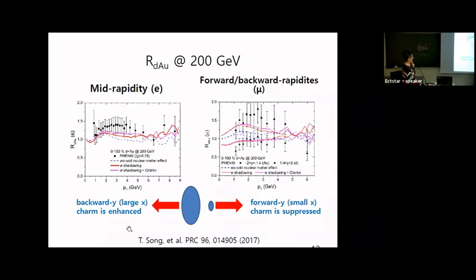But if charm pair is produced in backward rapidity, then it corresponds to large x of nucleus momentum, so charm production is enhanced due to anti-shadowing. That is why these R deuteron-gold are split into upper lines and lower lines. The upper lines are backward, and lower lines are forward.